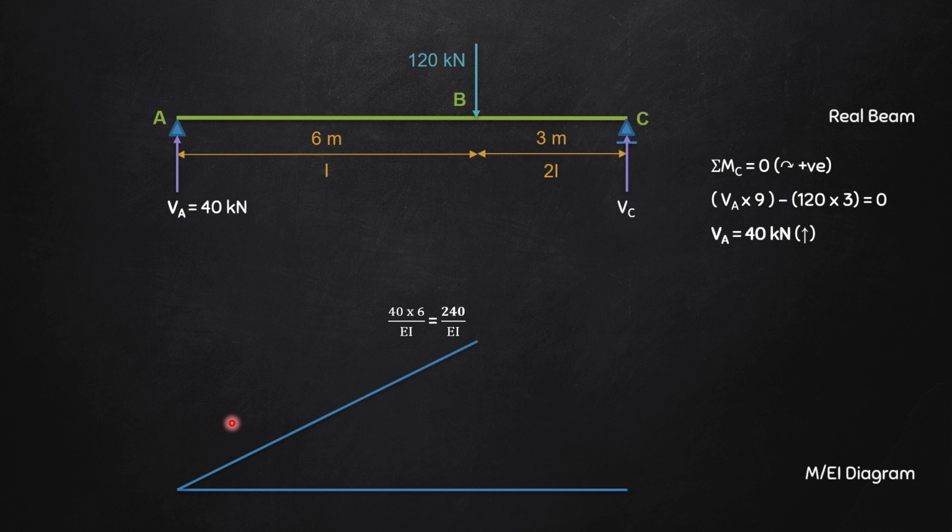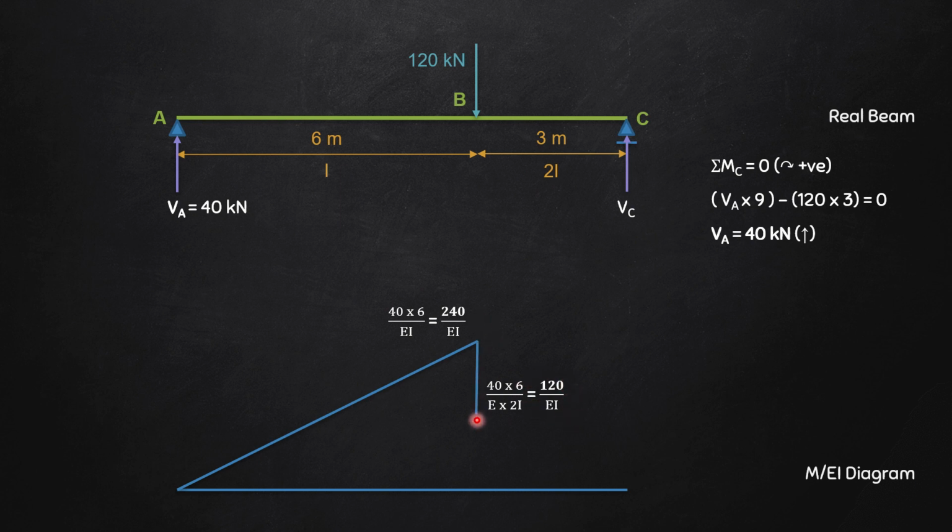So I'm going to simply join this with a straight line and just see, this is left of the section clockwise, so this is positive. I'll write that later. And then again, if I consider just to the right where I have to take the value of I as 2I, then it will be what? The same thing, 40 into 6, but it will be divided by E into 2I. So it will be 120 divided by EI.